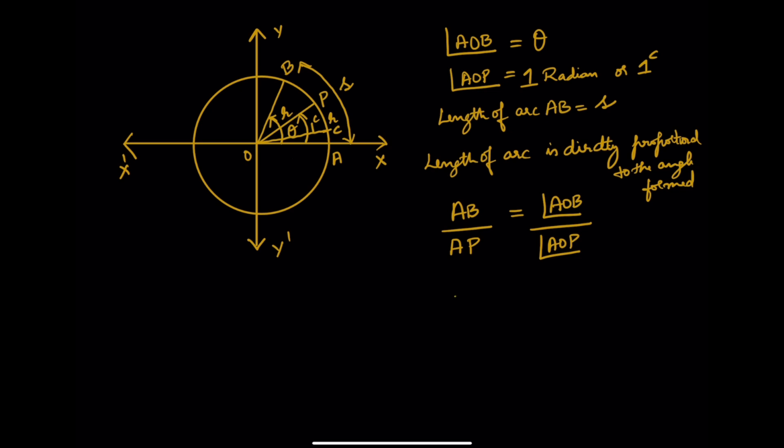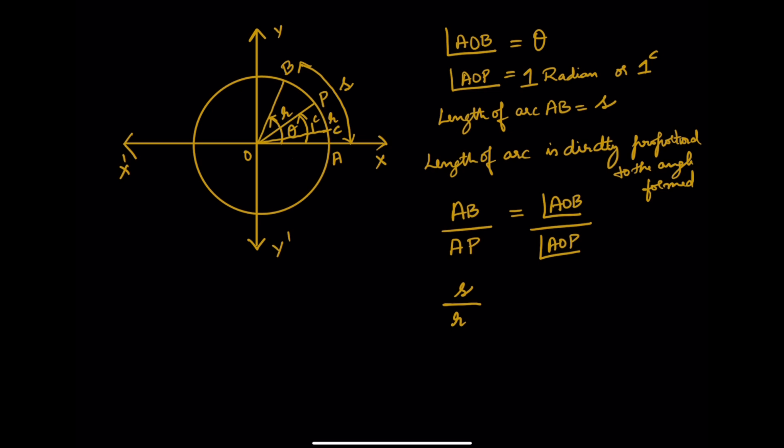Now AB is considered as S, AP is considered as R, because by definition, to find the value of 1 radian, we have to cut an arc which is equal to the radius.